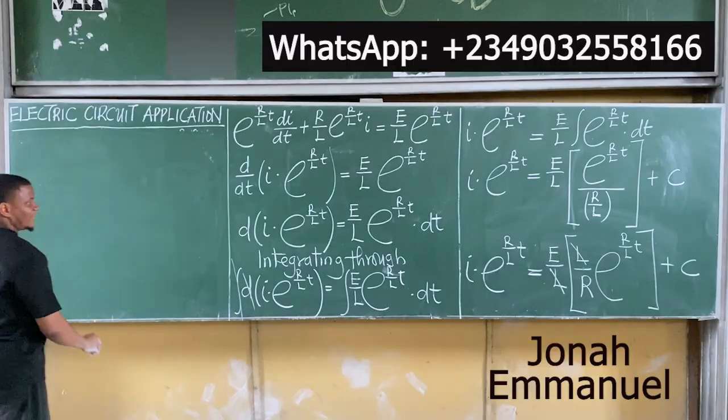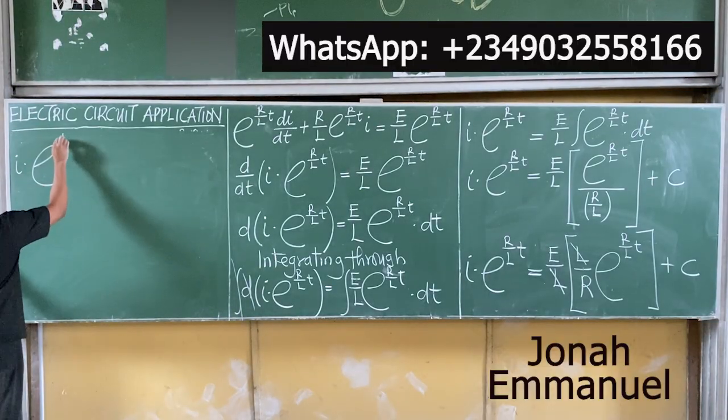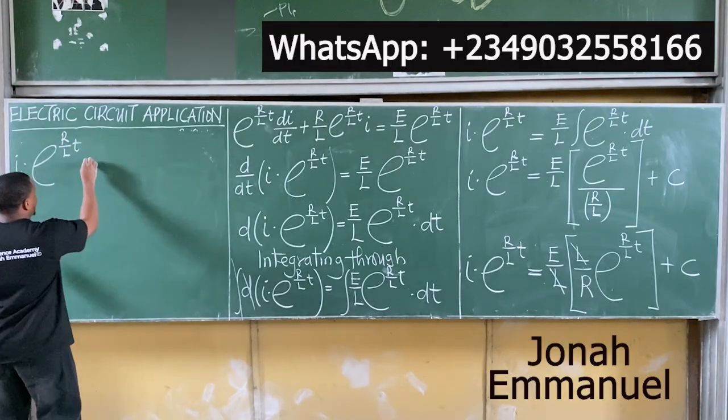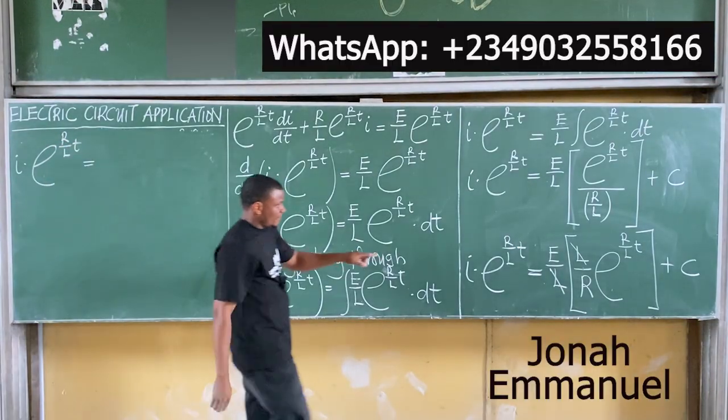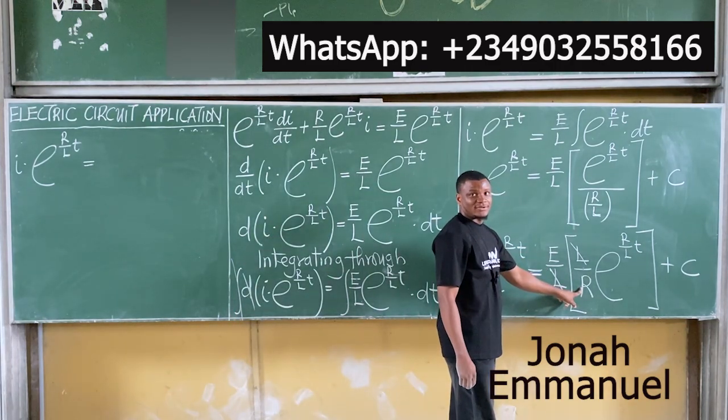This now becomes what there? I into exponential R over L t is equal to, what do I have here? E over R. That's what I have here. The L's cancel out.